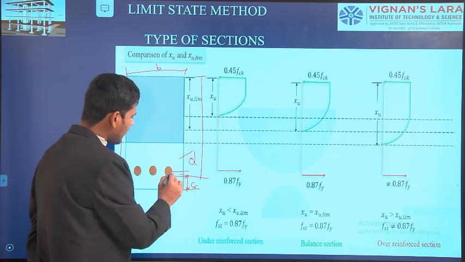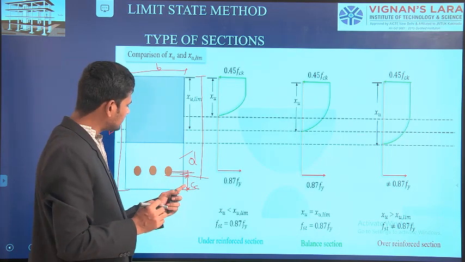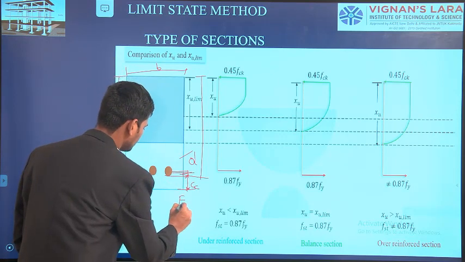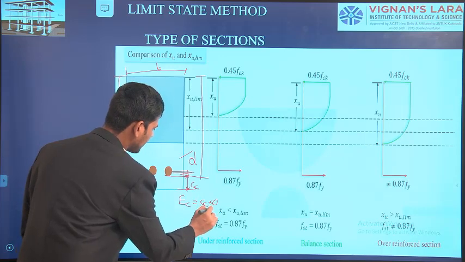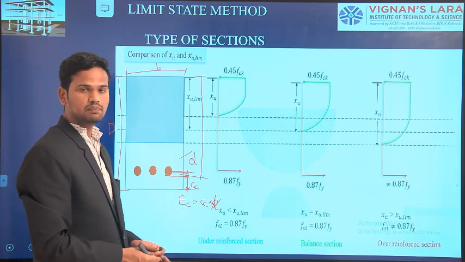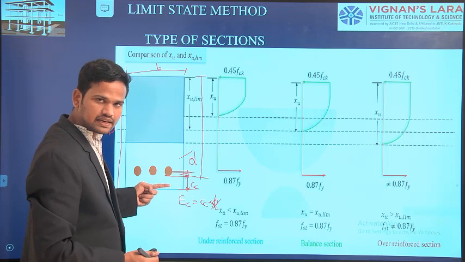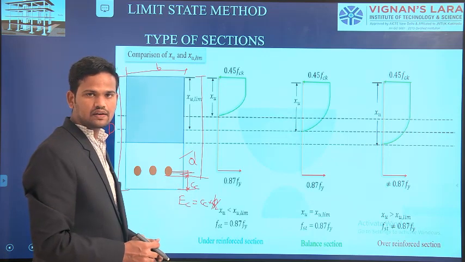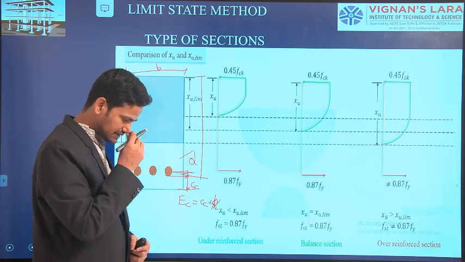Effective cover means clear cover plus half of the diameter of the bar. From the bottom of the bar to the bottom of the concrete we take it as clear cover, and from the center of the bar to the bottom of the concrete we take it as the effective cover. These terms we have already discussed.